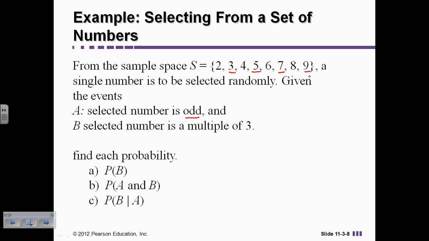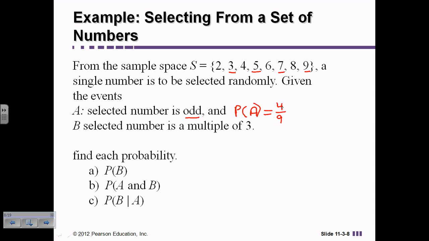So there are 4 numbers in my list that are odd, and there's a total of 8 numbers in the list. So the probability that A occurs is 4 out of 9.